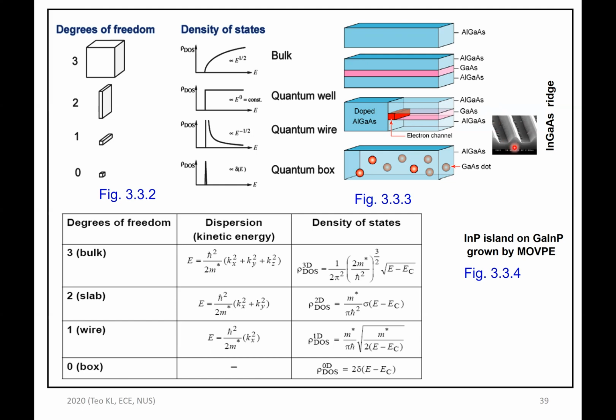Then your electron basically can travel in the one-dimensional case. For this case, it's basically indium gallium arsenide, on gallium arsenide.